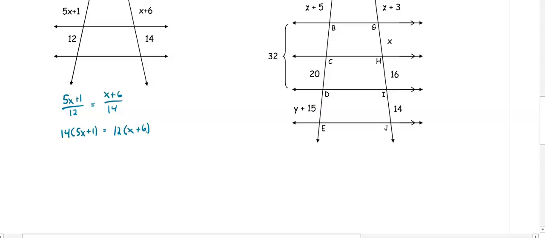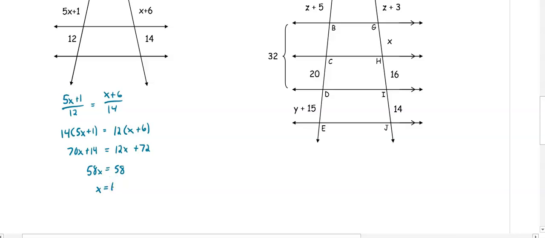So we have to distribute our numbers, so 14 times 5 is 70x plus 14 is equal to 12x plus 72. We're going to get x's to one side, so 70x minus 12x would get me 58x, and we're going to subtract 14 from both sides, so 72 minus 14 is also 58, so x would equal 1.